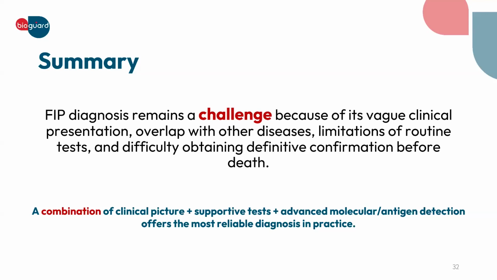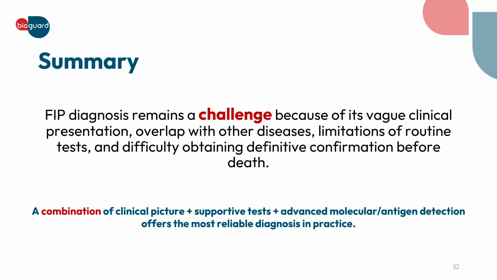As well as that, the clinical signs could be vague or overlap with other diseases. Limitations of routine tests are also another thing, as most pet owners don't do routine tests for their cats. So sometimes FCoV can present as a hidden form, right?